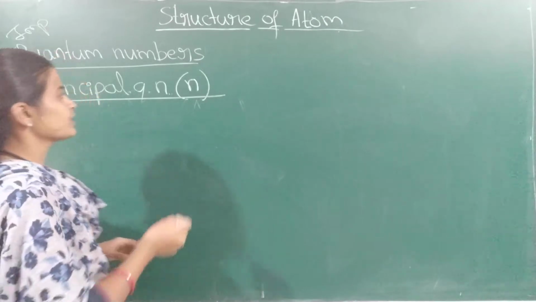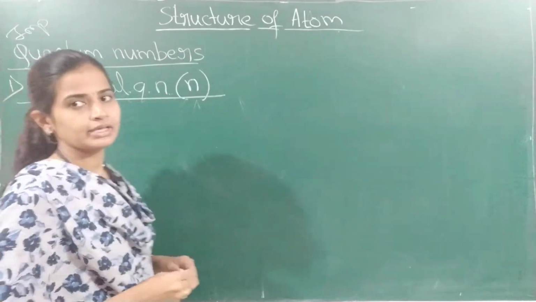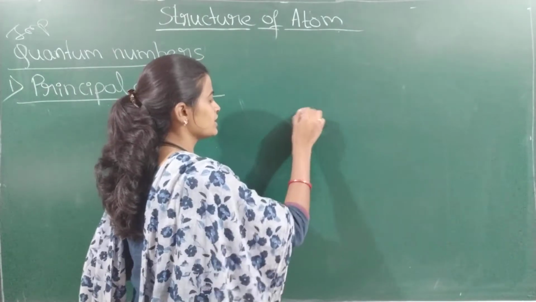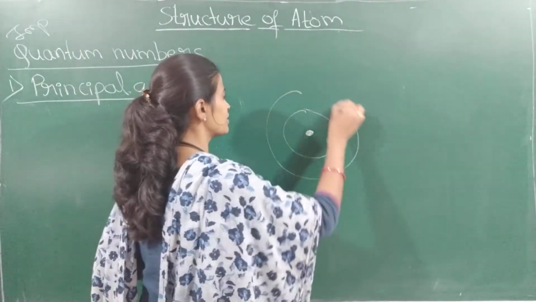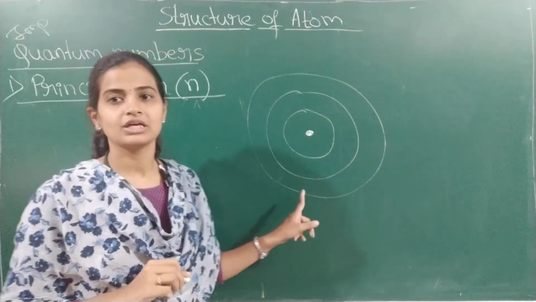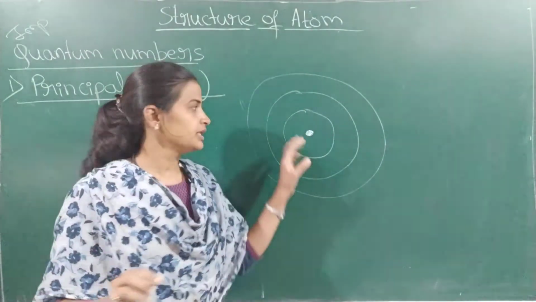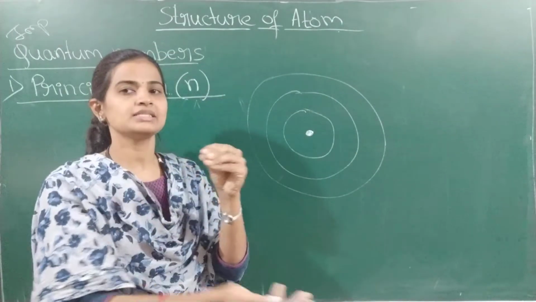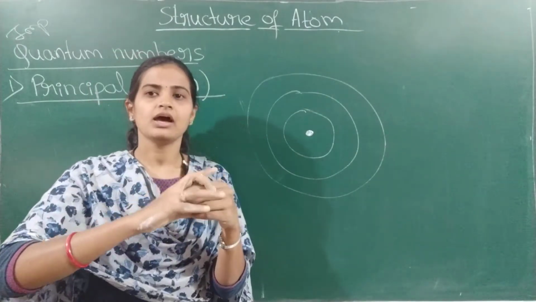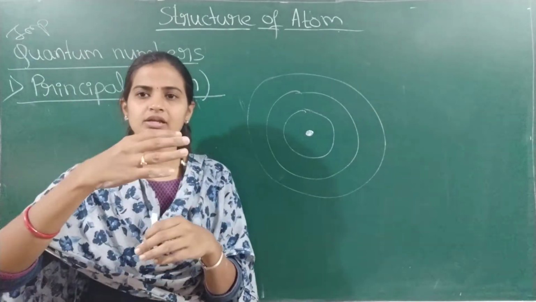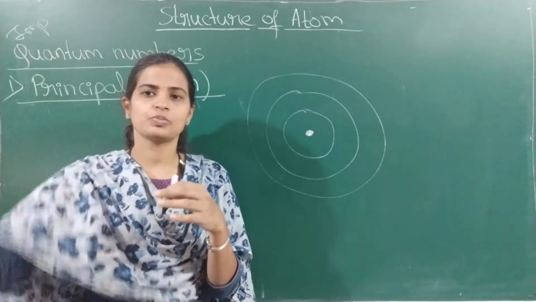Principal quantum number is represented by the small n. See here, this is the nucleus. Around this, what are there? Orbitals. On the board I have shown the 2-dimensional diagram, but you can imagine one sphere around the nucleus, then a little space, and over that one more sphere, and space, one more sphere, like that.